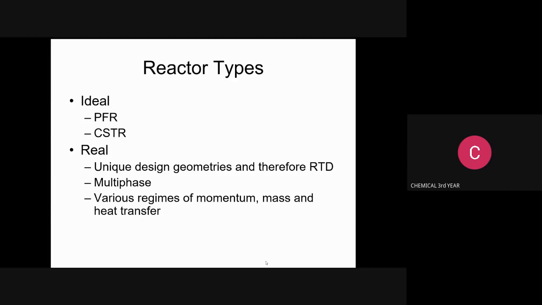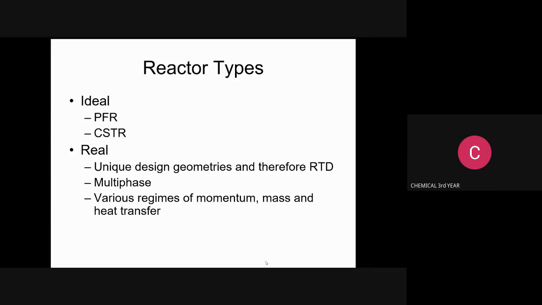For those operating conditions, how does the feed react or convert to the product? According to the reacting conditions, how the feed converts into the product is the matter we have to concentrate on.